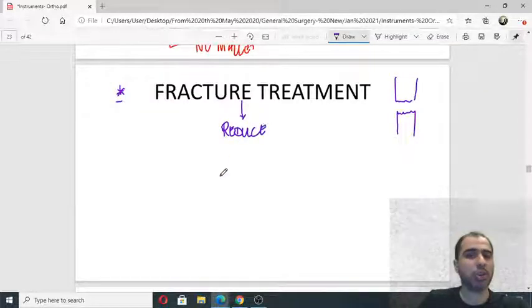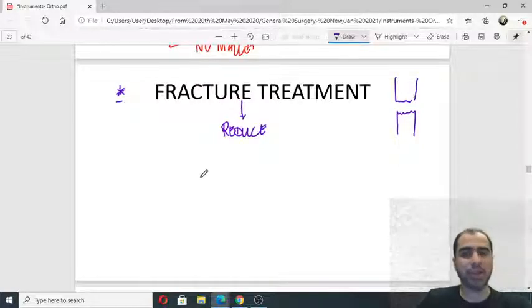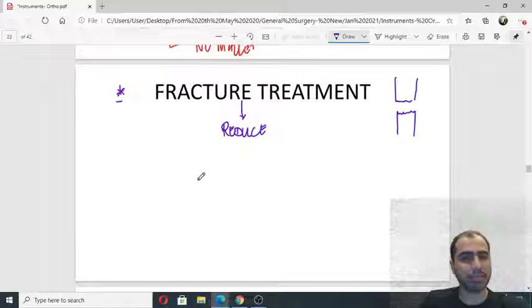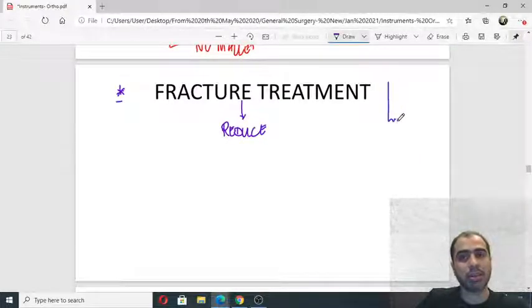Then they will ask you the question, in which fracture is reduction not required? Anybody? कौन सा fracture reduce नहीं करना पड़ता? The meaning of the word reduce is to realign. Okay, I have to realign the fracture. तो काफी बार fracture ऐसे होते हैं.